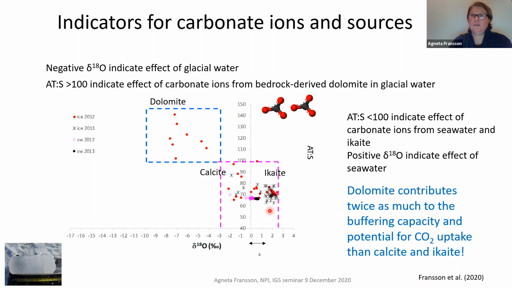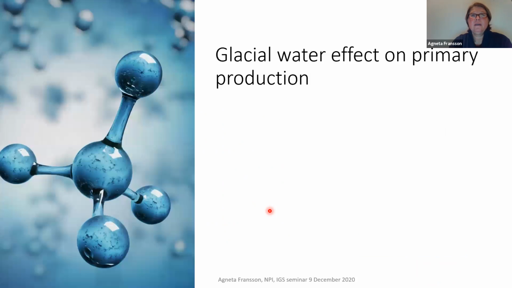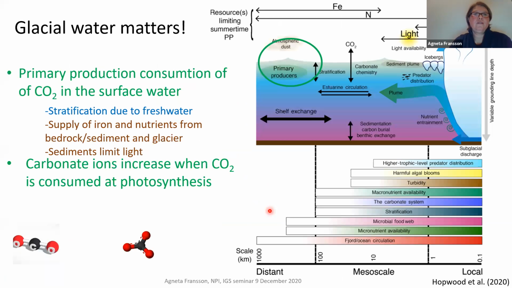This concludes that the dolomite contributes twice as much to the buffering capacity and potential for CO2 uptake than calcite and ikaite. So now I come to the glacial effect on primary production, which also has an effect on the CO2, because there is a consumption of CO2 during primary production and photosynthesis.